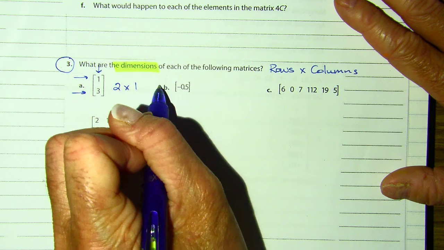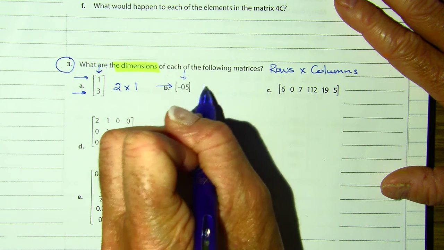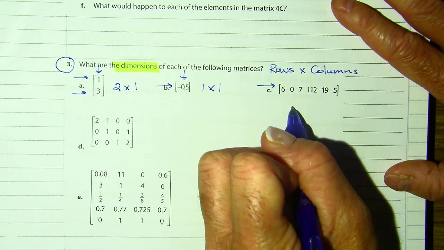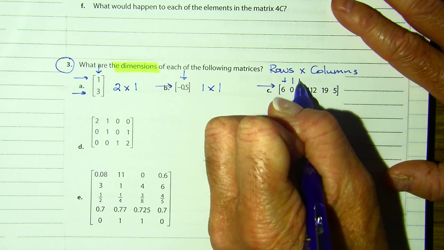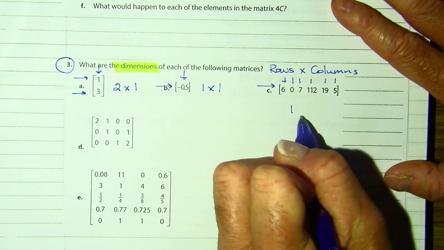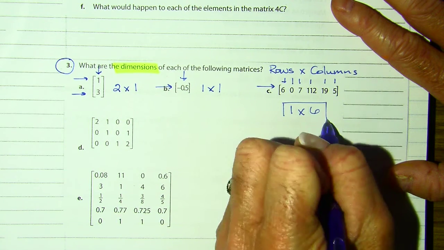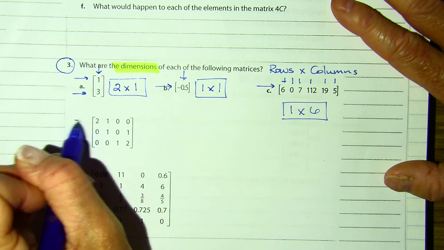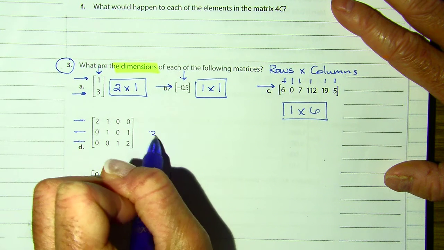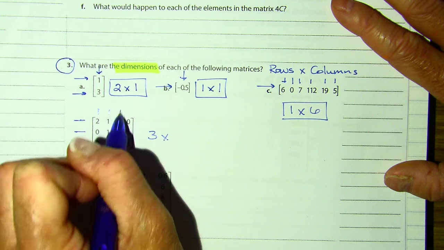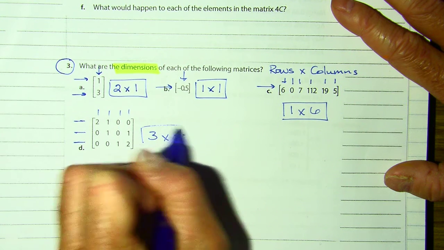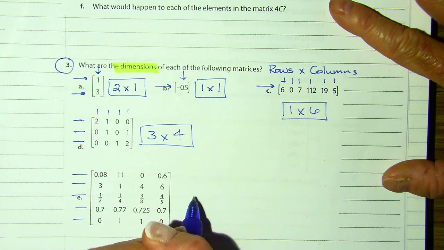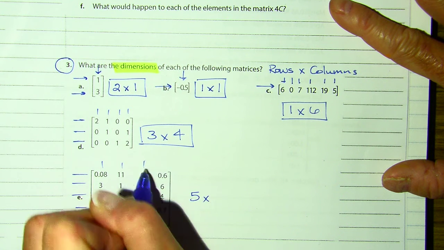B only has 1 row and 1 column, so this is a 1 by 1. C, I have 1 row, but I have 6 columns. So this is a 1 by 6. Part D, I have 3 rows by 4 columns. E, 5 by 4.